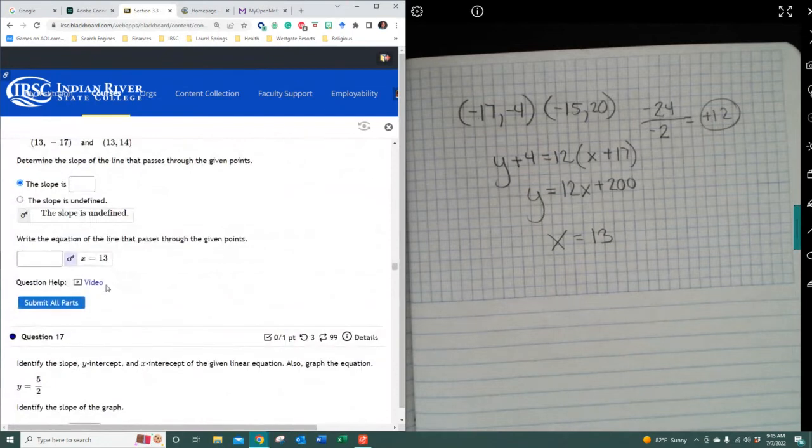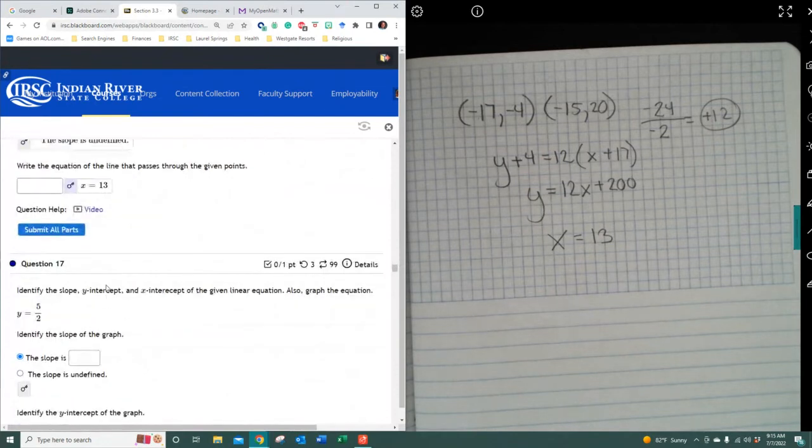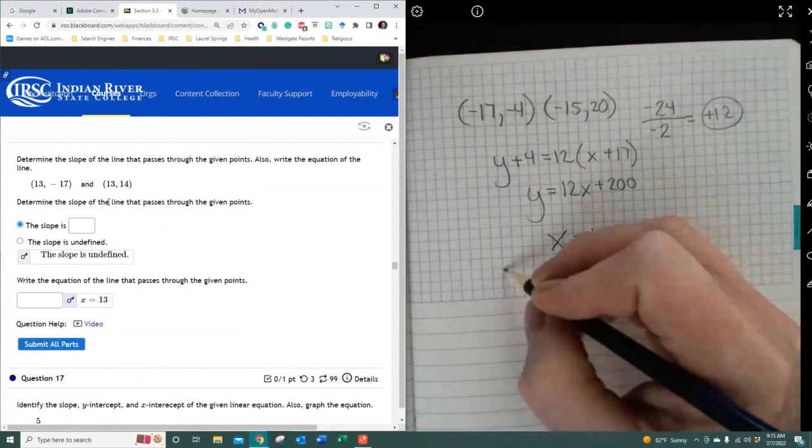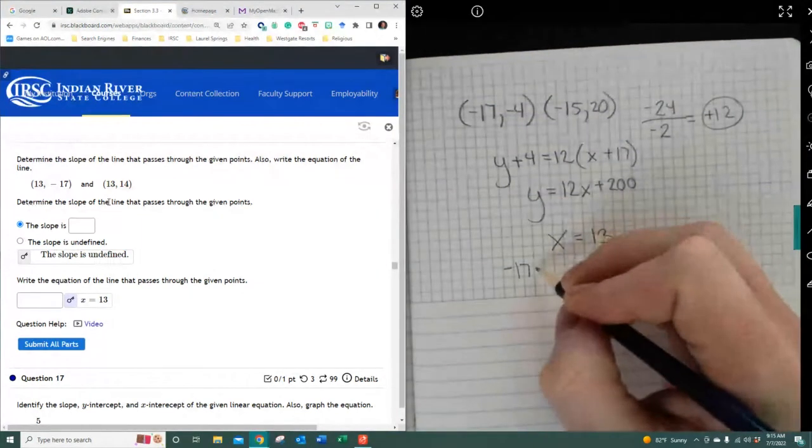And likewise, if the y's are the same, it'd be 0 slope, and it would start with y equals whatever's in the y position. Let's just say hypothetically this was this.